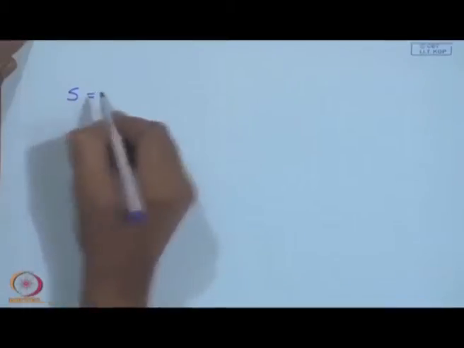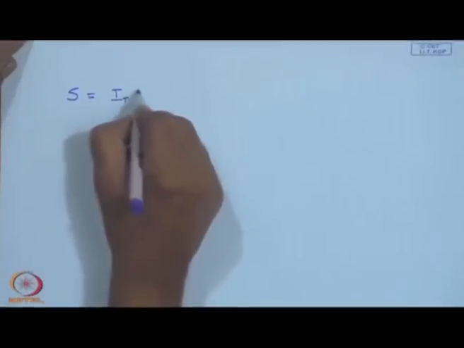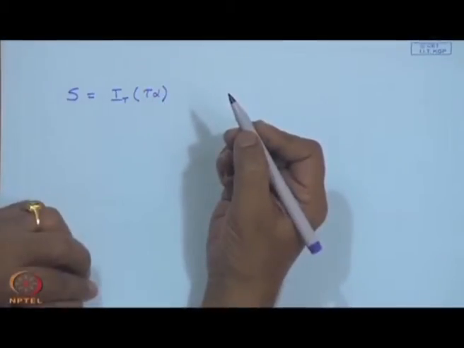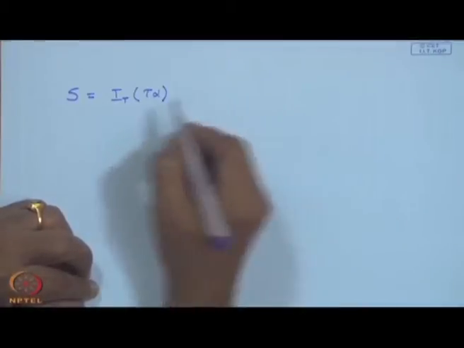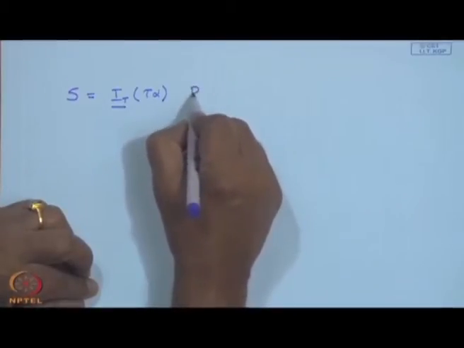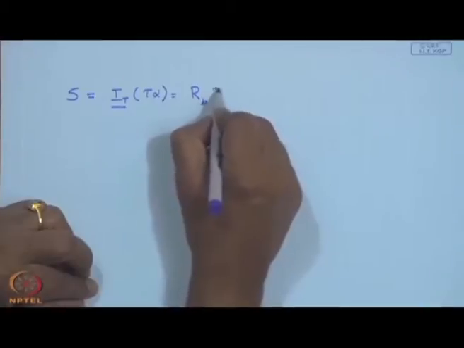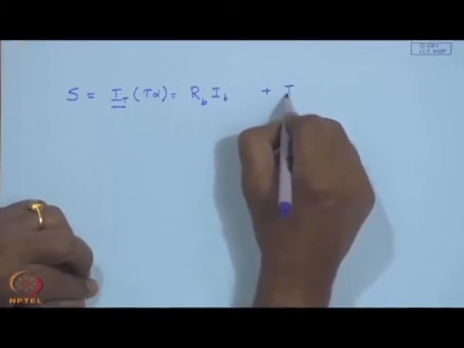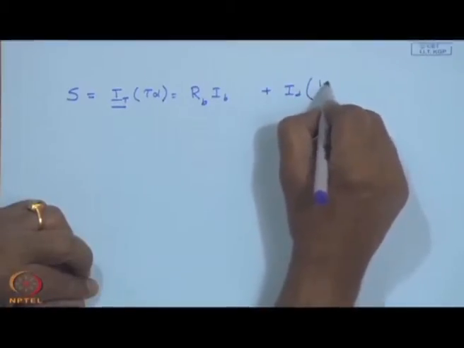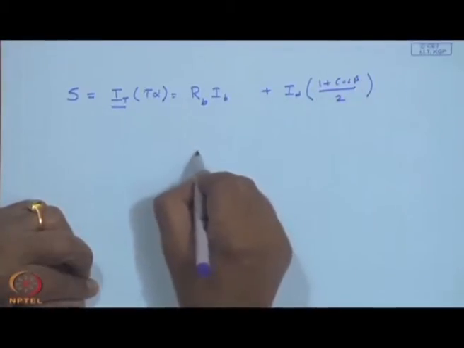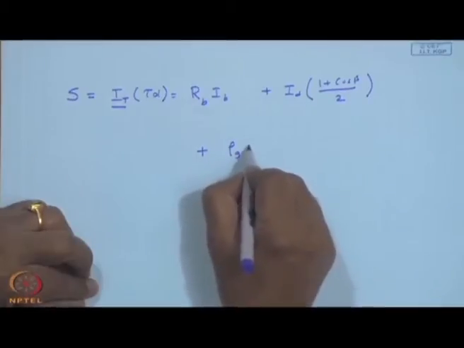Now, the absorbed radiation S is given by incident radiation multiplied by effective transmittance absorptance product. Now, we know that this I_T comprises of direct radiation, and sky diffuse radiation, plus ground reflected radiation.